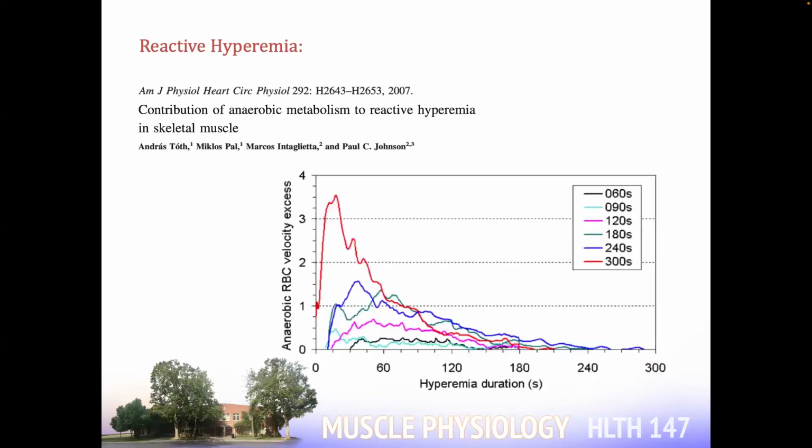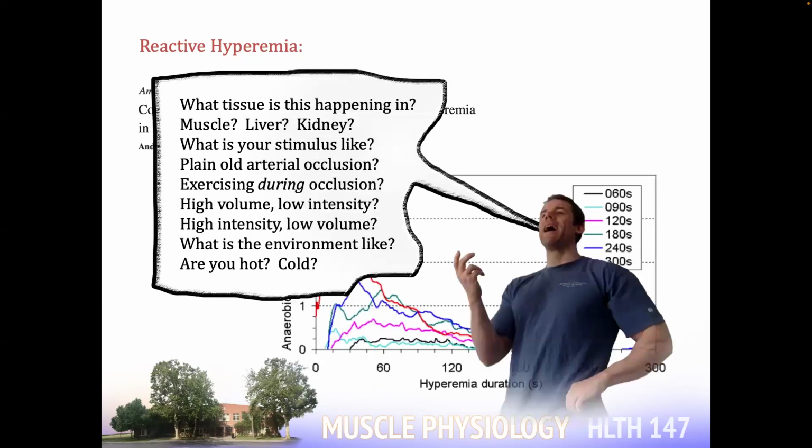And then here we're looking at different presentations of hyperemia based on different durations of occlusion. So 60 seconds of occlusion, 90 seconds of occlusion, 120 seconds of occlusion, and so on. Each color is a different duration. And then we're looking at the hyperemia response of each over time.